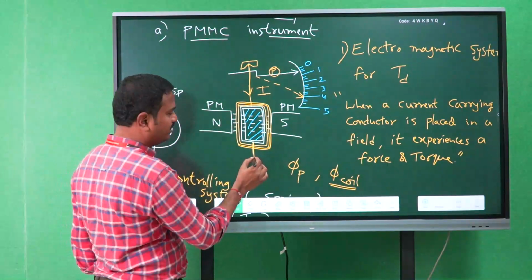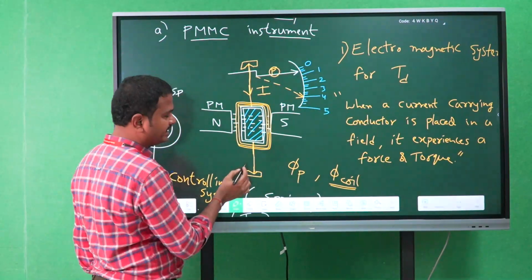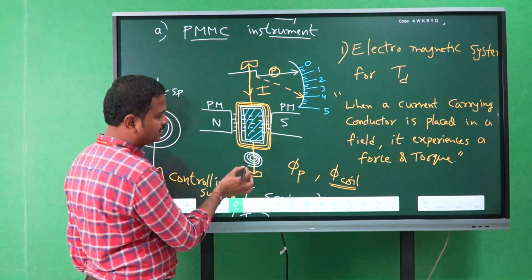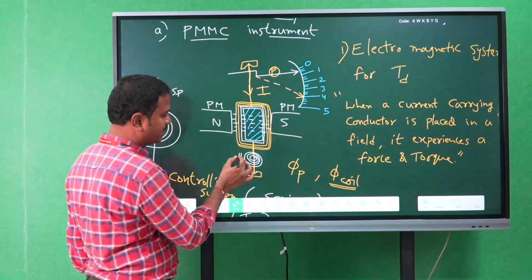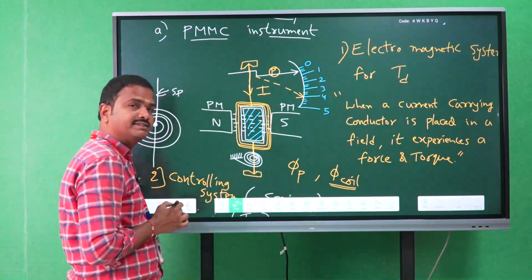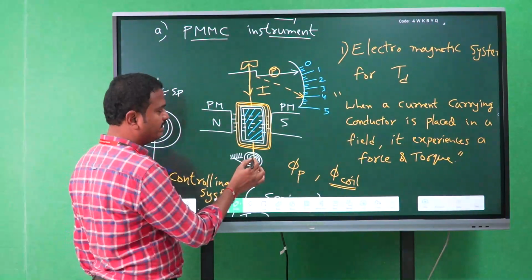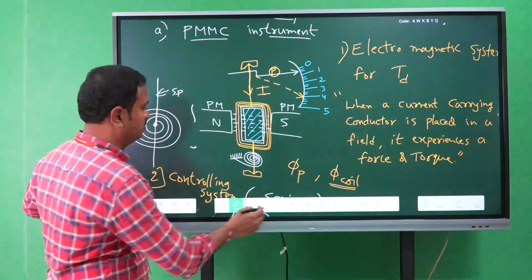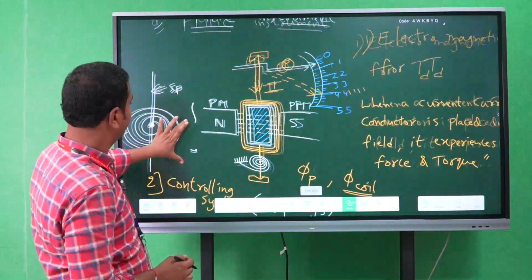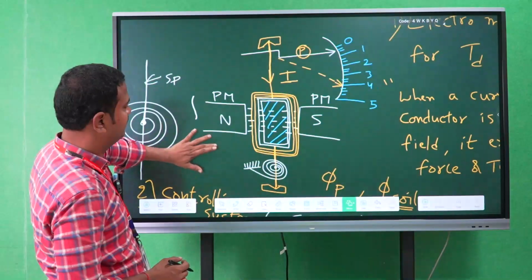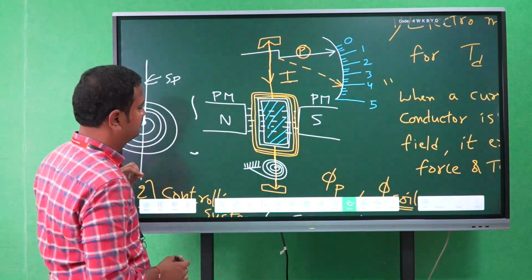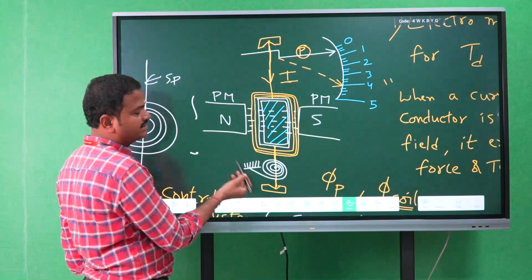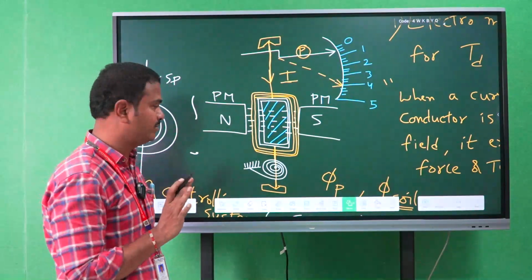Here we are using two springs. One spring is at the bottom of the coil. One end is connected to the spindle and the other end is connected to a fixed point inside the instrument.